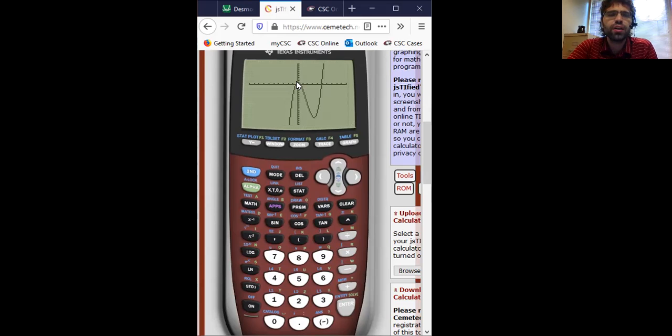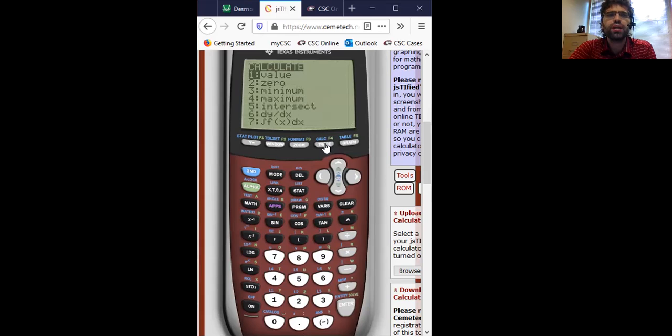So we're going to go to calc. You see it in blue up here where the tracer is. We want to calculate the minimum and calculate the maximum. Remember, this calculator is color-coded. To get to a blue thing, we press the blue button.